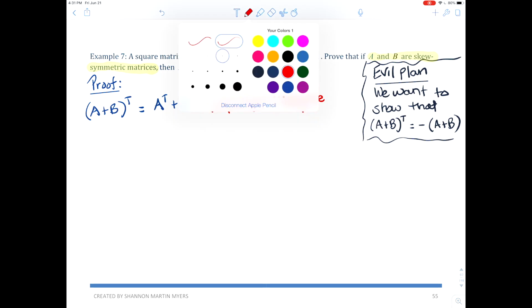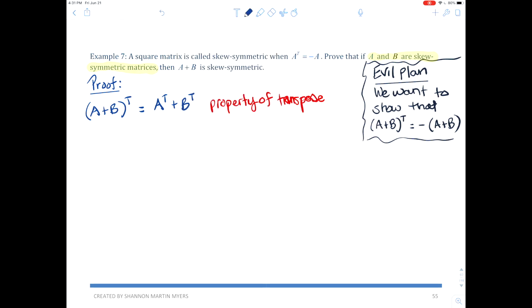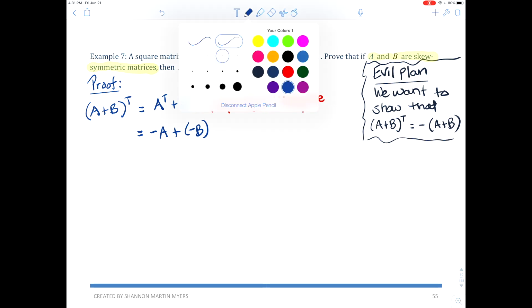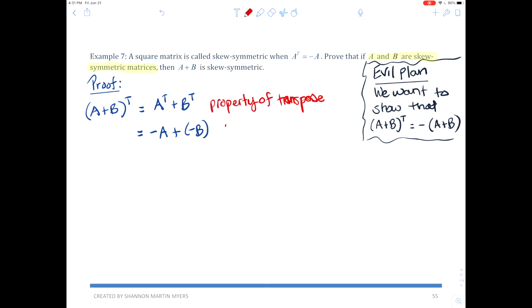All right, and then next up, what should we do? Well, what is A transpose? Beautiful, negative A. And B transpose is negative B. And that's because A and B are skew symmetric. That was in our premise.